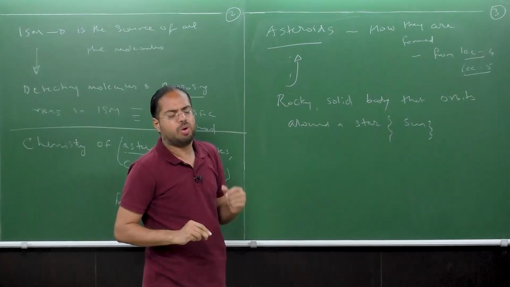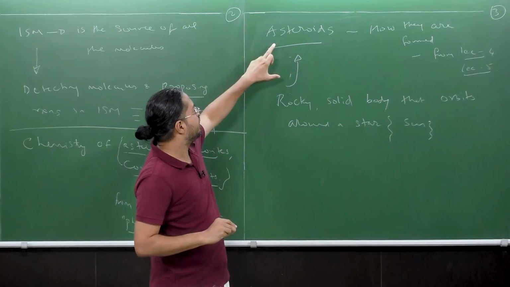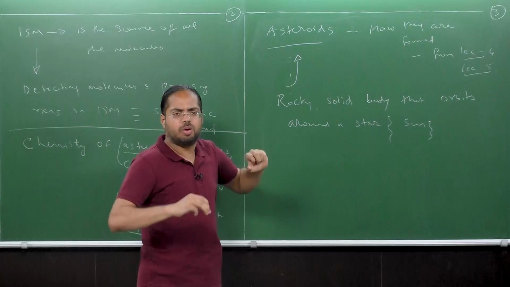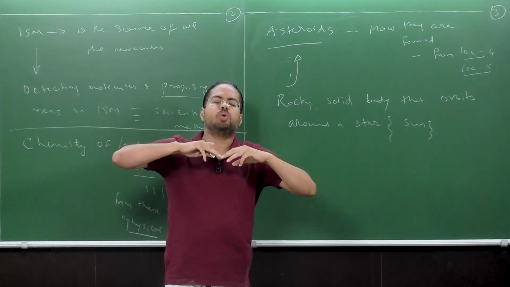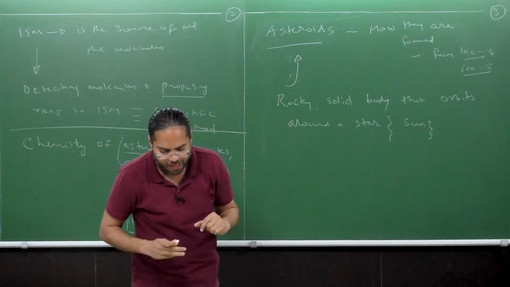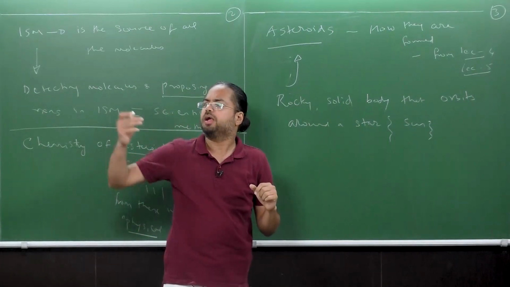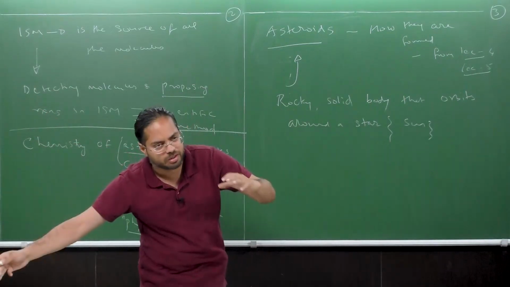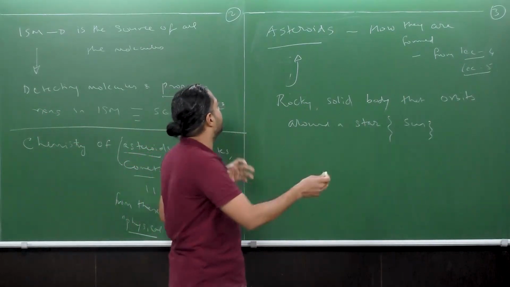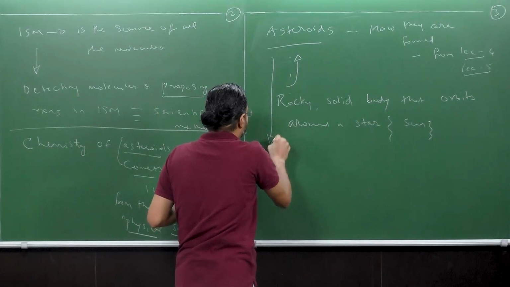But then what happens is that an asteroid, once it no longer merely orbits the sun and reaches the Earth, before reaching the Earth, it becomes what is called a meteor.